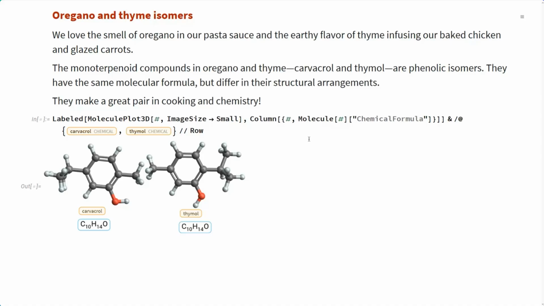I just think that's fascinating because my saying is that oregano and thyme make a great pair in both chemistry and cooking. So I think that's fascinating to look at them from that perspective.